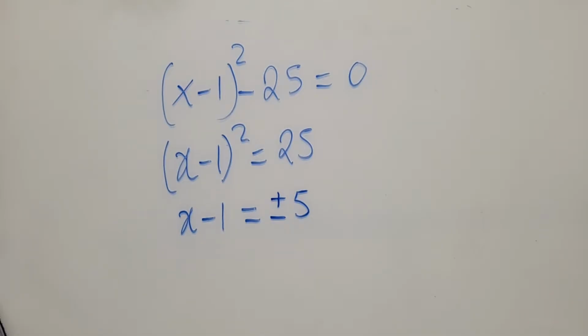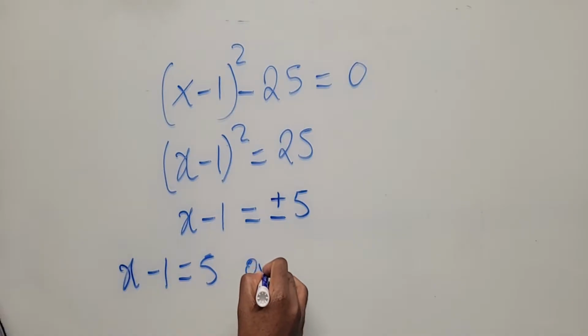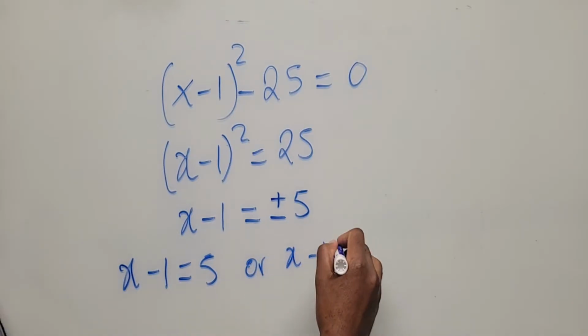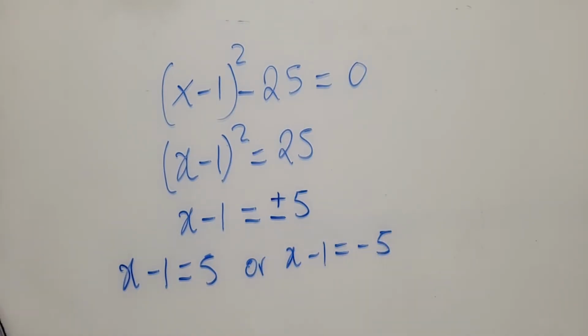Because negative 5 squared is 25 and positive 5 squared is still 25. That is why I have positive or minus 5. Now, this leads to two important equations. The first one is x minus 1 is equal to 5. The other one is x minus 1 is negative 5.